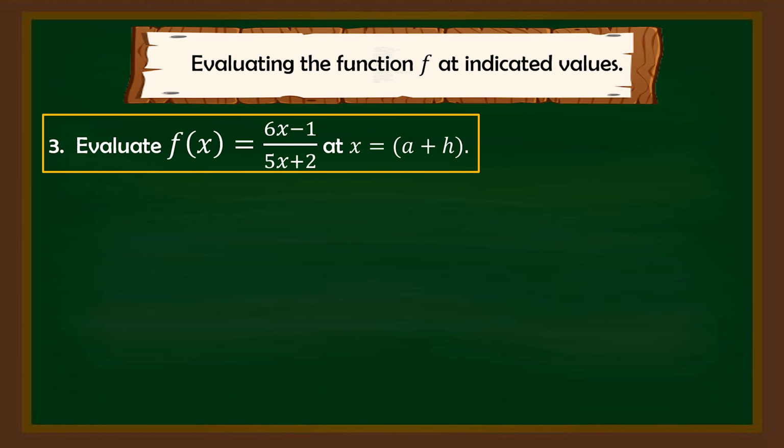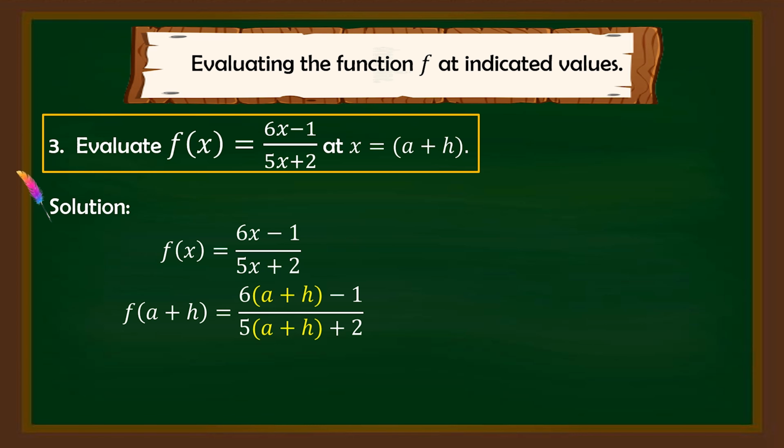Let's have the last question. Evaluate f of x is equal to 6x minus 1 over 5x plus 2 at x is equal to a plus h. Substitute all the variable x with a plus h, which yields f of a plus h is equal to 6 times the quantity a plus h minus 1 over 5 times the quantity a plus h plus 2.